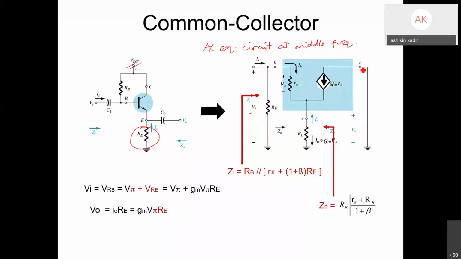So you connect your collector to the ground. The base goes through RB to the ground, and the emitter goes through RE to the ground. And your output here is at the emitter.